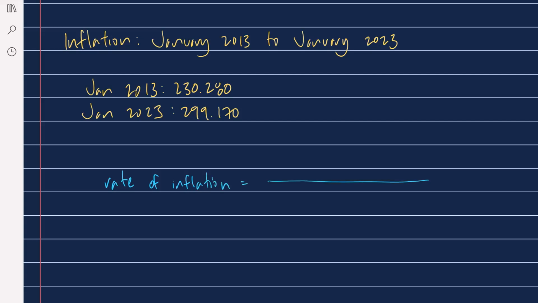Okay, so what we want to do is take the more recent year, 299.17, subtract the earlier year, 230.28, and then divide whatever we get there by the earlier year.